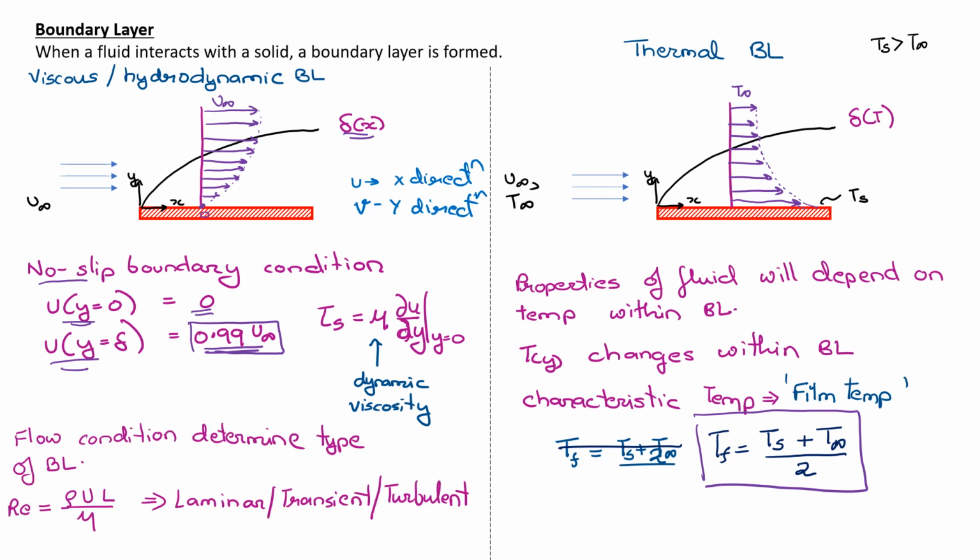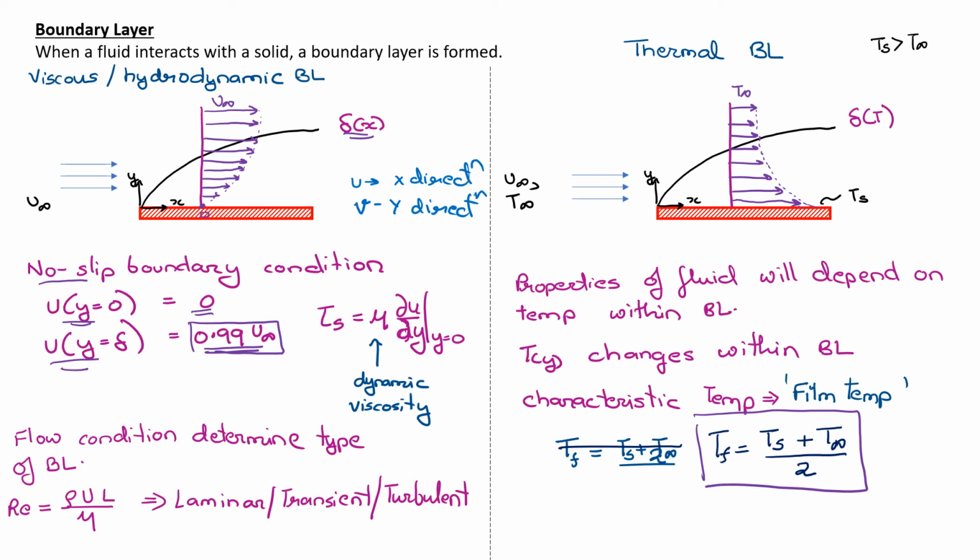So for flow conditions, we determine the type of boundary layer by Reynolds number. So what does that mean? We define a Reynolds number using a characteristic length, the velocity, and the properties of the fluid to determine if the flow within the boundary layer is laminar or turbulent, or something in between. But what do we do for a thermal boundary layer?